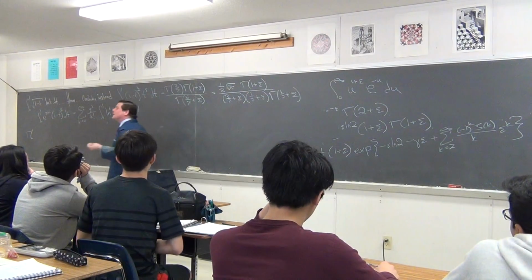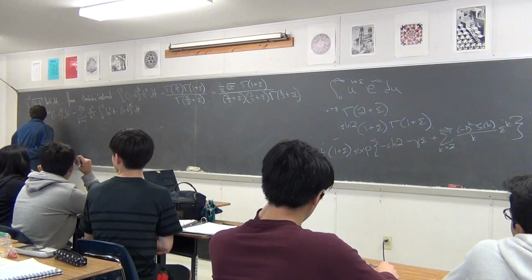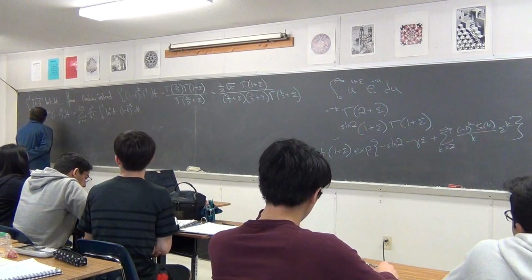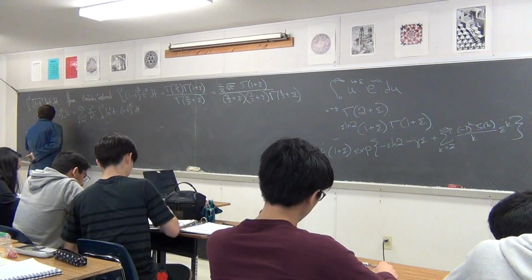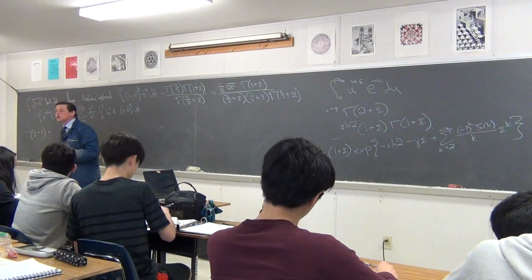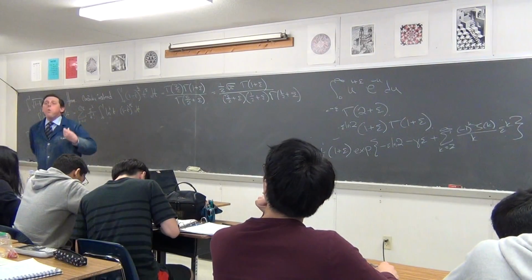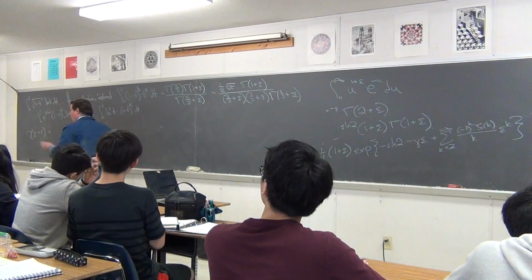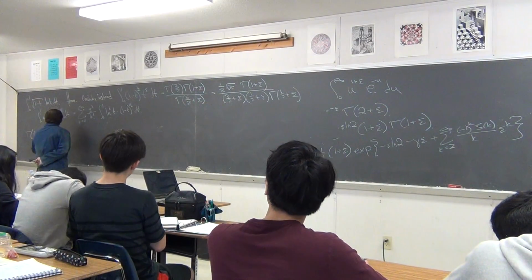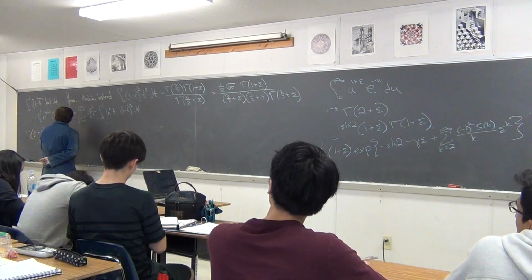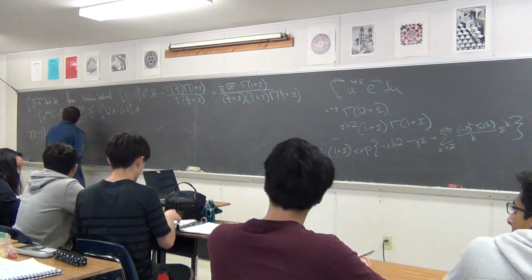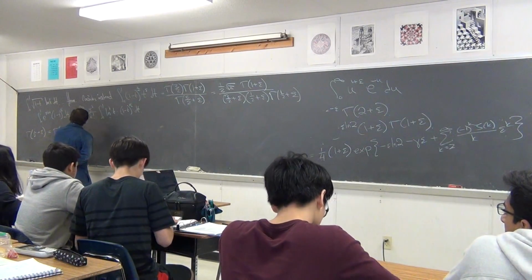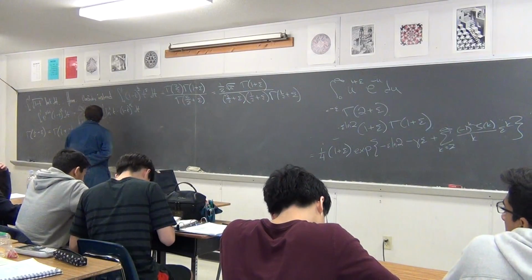So let's see what we can do with that expansion. I'll say 1/2 plus epsilon. I have an expansion for gamma 1 plus epsilon. I'm going to write this out, and I want you to tell me whether or not what I'm writing is correct.